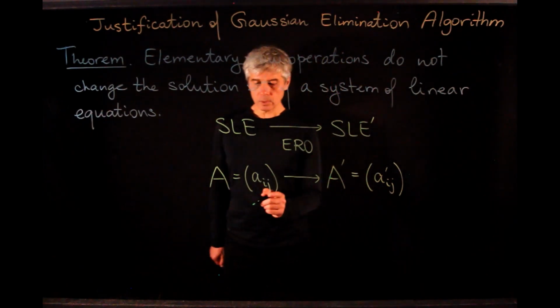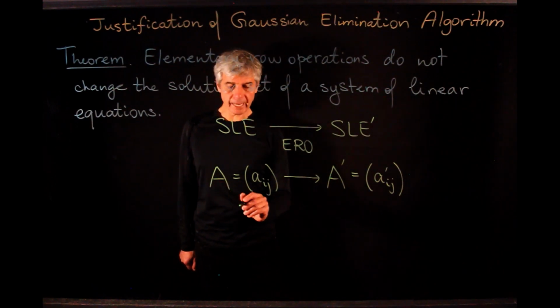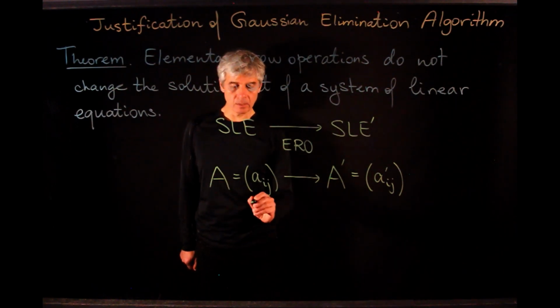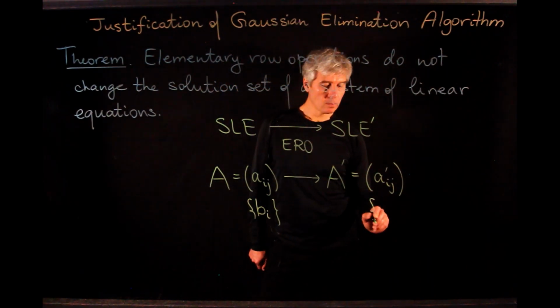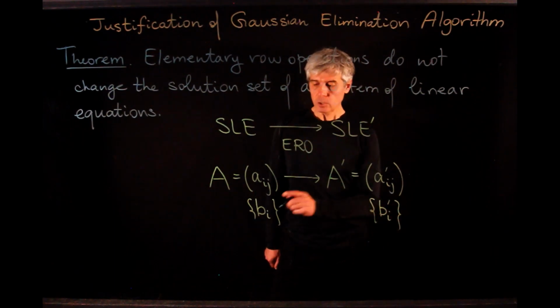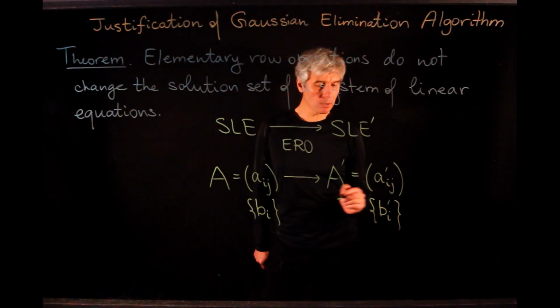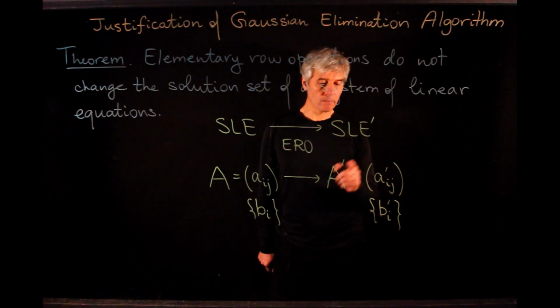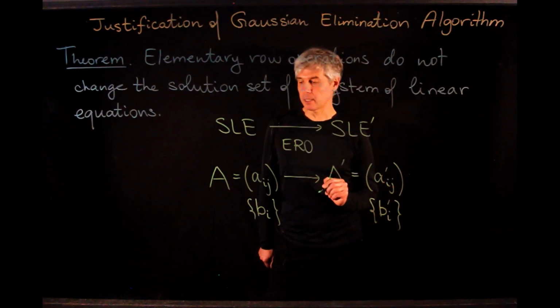Also, besides the coefficient matrix, we have the right-hand side constants, the bi's. After the transformation, we will call these constants bi primes. So this data specifies the original augmented matrix and the augmented matrix obtained after we apply an elementary row operation.